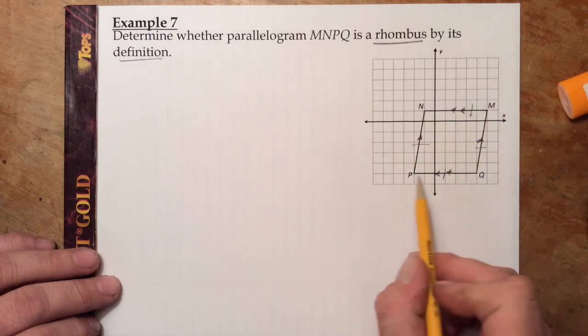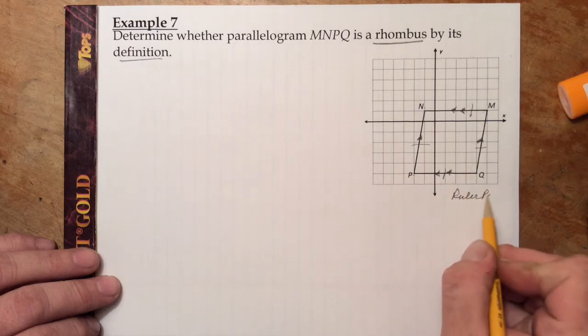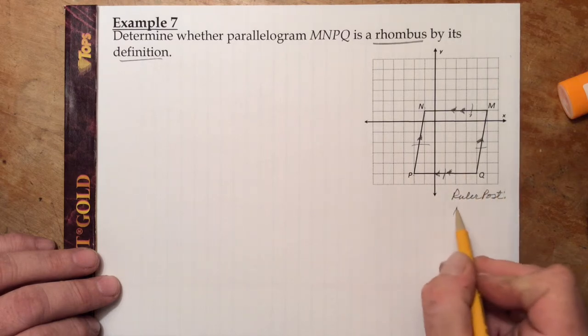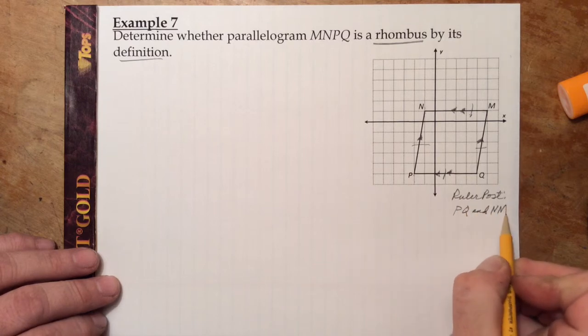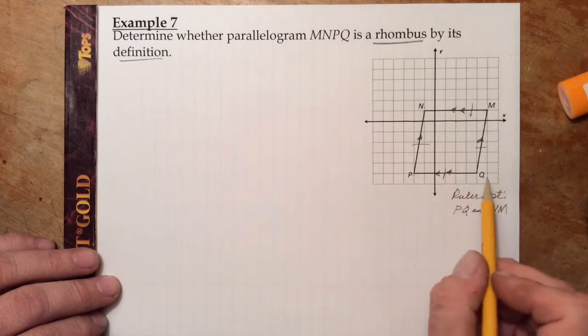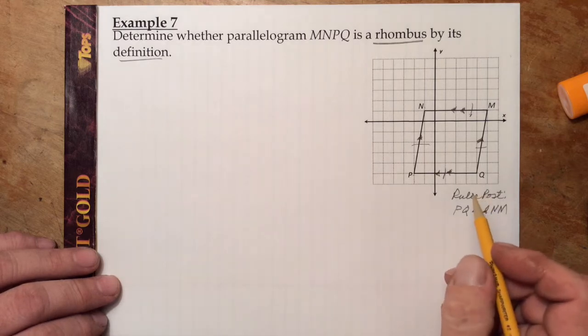So we kind of lucked out. We can use the ruler postulate on both PQ and NM. However, for PN and for QM, we're stuck with the distance formula.